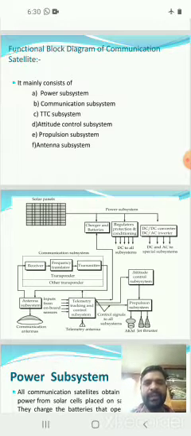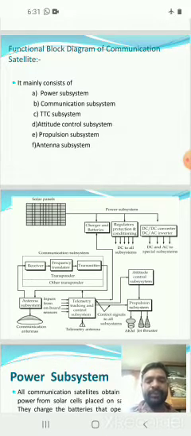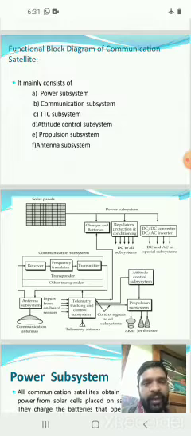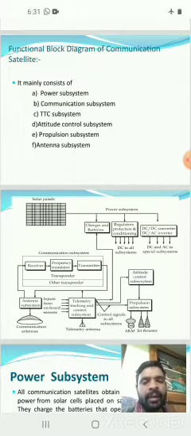Functional block diagram of communication satellite. The communication satellite is launched into an orbit which revolves around the earth or other large bodies. In satellite communication, we receive the signals from the earth station, amplify, process or down convert them, and these signals are reflected back to the earth station.